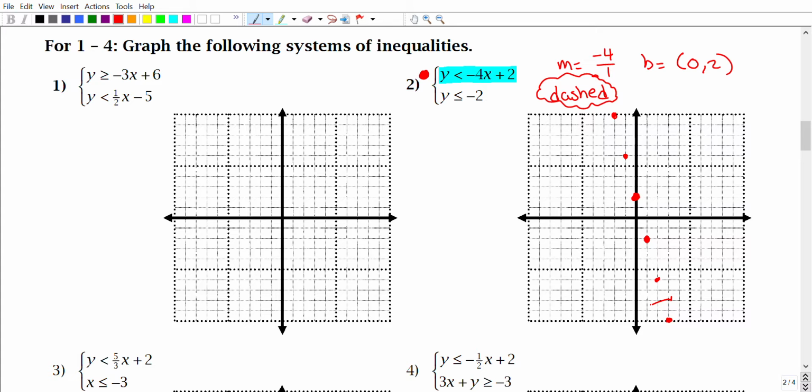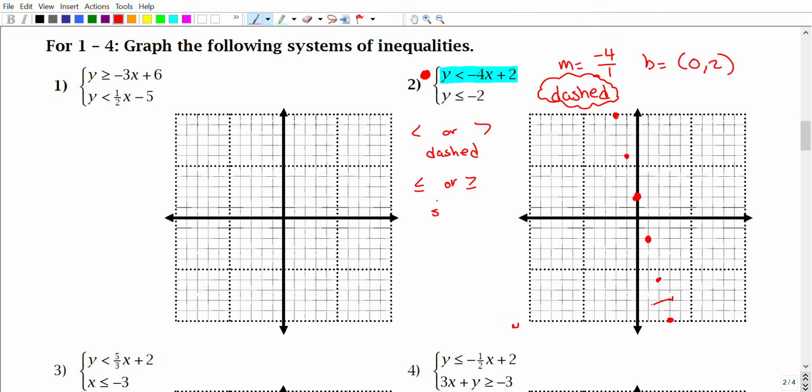Remember, less than or greater than take a dashed line, while less than or equal to, or greater than or equal to, both of those would take a solid line. I'm not going to scroll back up because my computer is acting up a little bit. So let's go ahead and draw a dashed line.